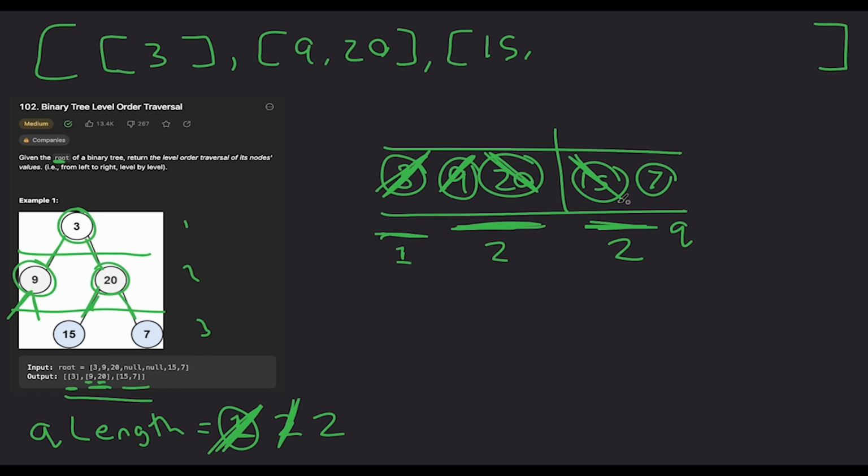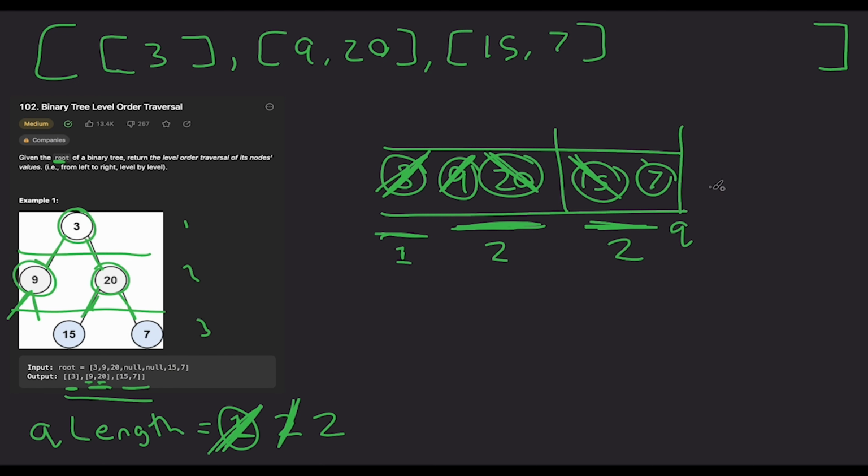Then we delete 15 off of the queue, we dequeue it, and then we move on to the next iteration in our for loop, which is 7. So we add 7 to our subarray. We check to see if it has non-null left and right child nodes to add to the queue. It does not, they're both null. So then we pop out of our for loop and we push this array onto our all levels array. Then we go to the top of the while loop again.